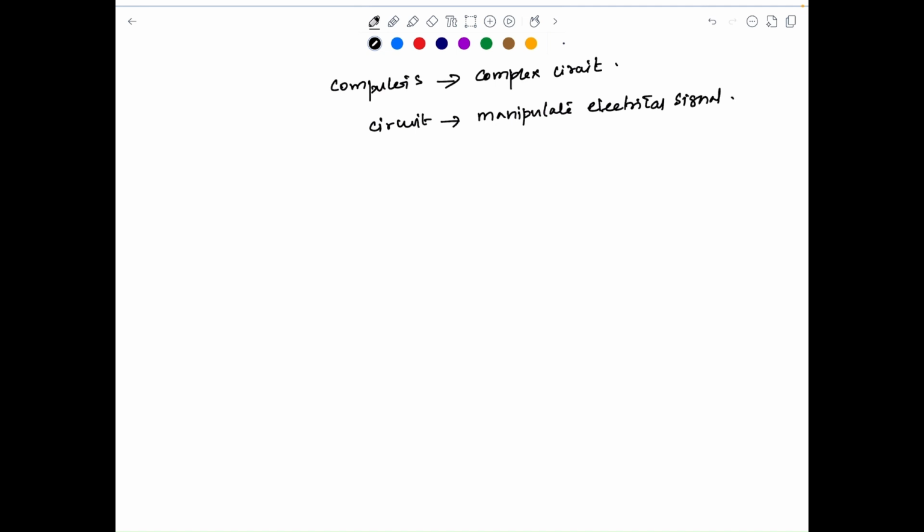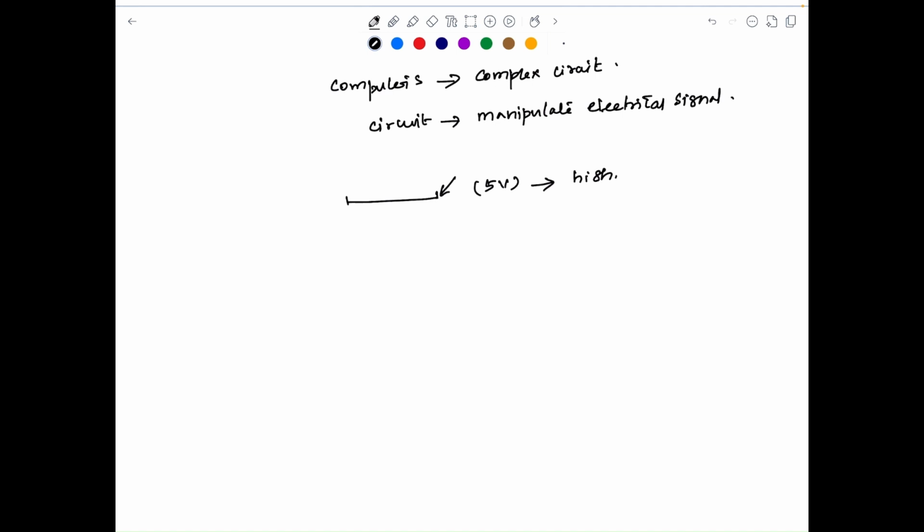So in computers, we'll have many wires, and then we'll measure the voltage of that wire. If there is a voltage, say for example 5 volt, then we consider that as high.